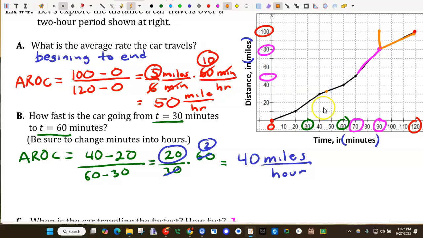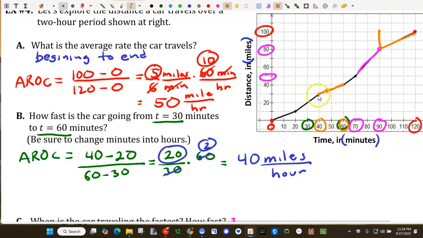So all we can do is find, well, right here, and use those, and since these are on a straight line, it'll give me what's happening at 45. That's the average for everything from 40 to 60, including 45, 50, 55. Since they're all on a straight line, it's going to be the same average rate of change. So I really just have to find the average rate of change from 40 to 60.